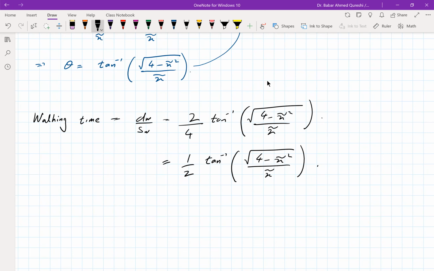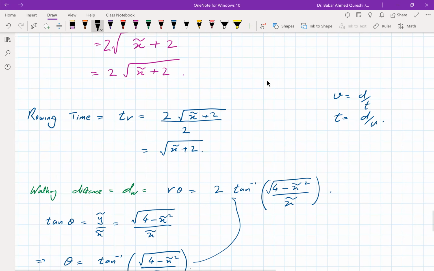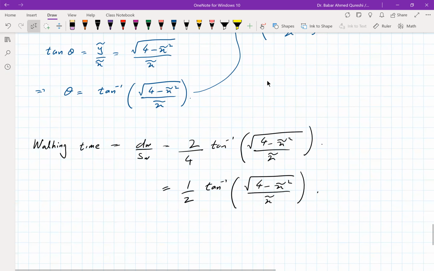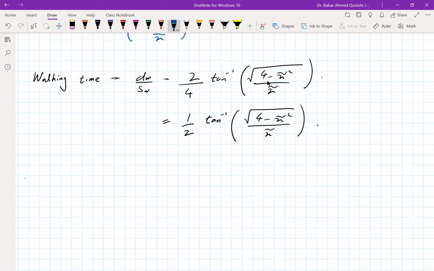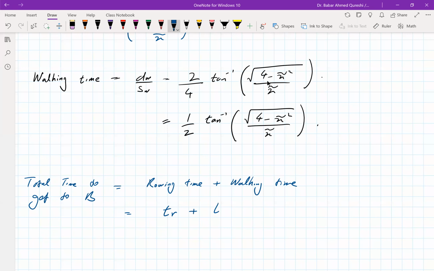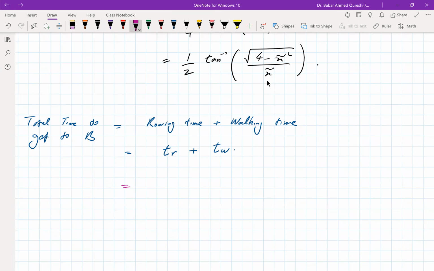So that means if I choose any arbitrary point x tilde, y tilde, my total time to get to B is just the sum of the two times, TR plus TW.